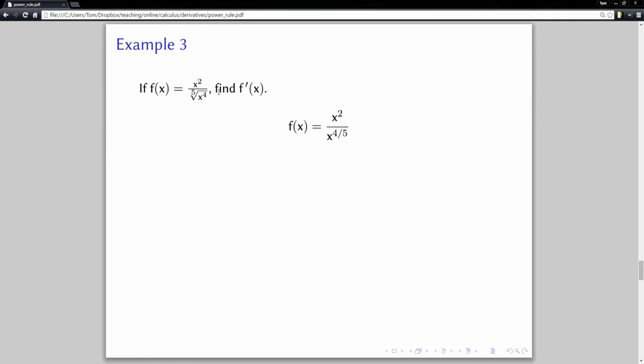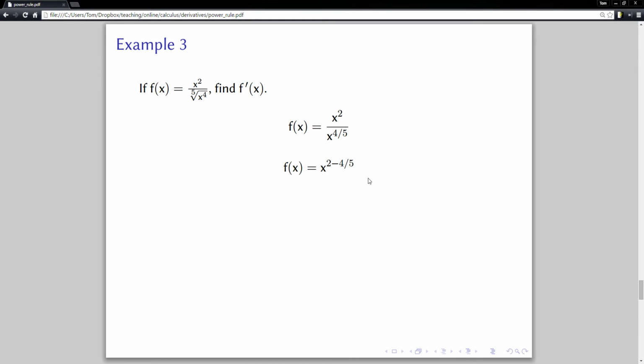So now the function will look like x squared over x to the 4/5. And here we are dividing like bases. On the top we have x squared, and on the bottom we have x to the 4/5. From the rules of algebra, we know that when you are dividing like bases, you subtract the exponents.